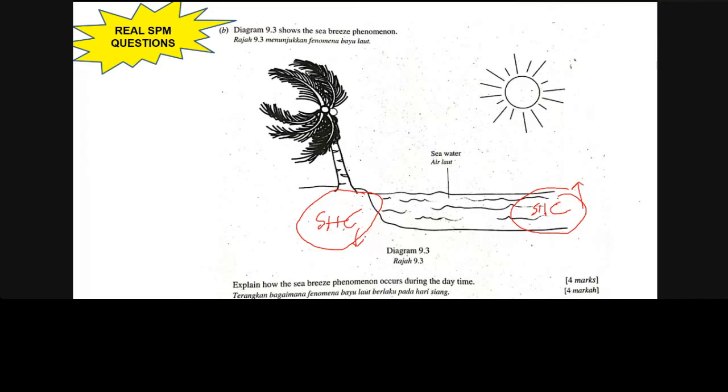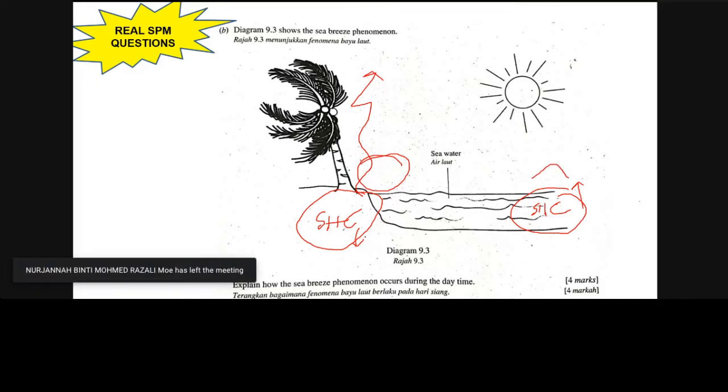And then you cakap, udara panas daripada daratan akan bergerak ke atas dan menghasilkan kawasan pertekanan rendah. Okay, itu 3 markah dah. And then udara sejuk daripada laut akan bergerak ke daratan menghasilkan bayu laut. There you go, 4 marks.